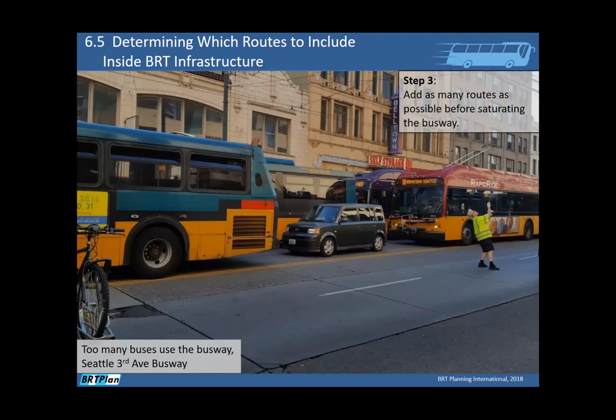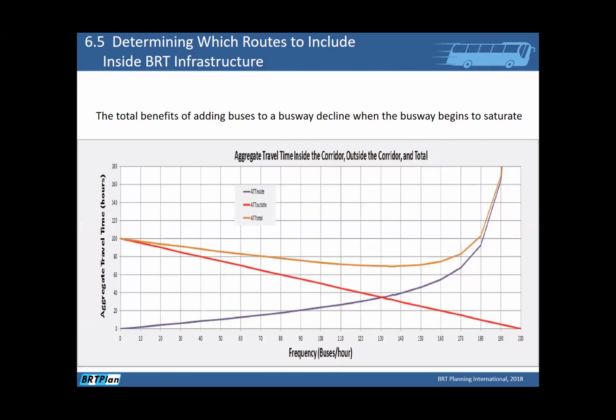And that corridor is saturated. So you really don't want to add any more buses to a saturated corridor. So there's going to be a point at which your busway is going to saturate and there's no more benefit to adding more buses to the corridor.